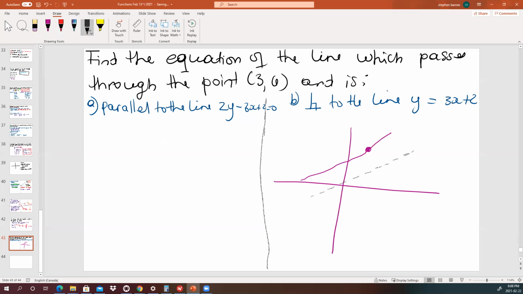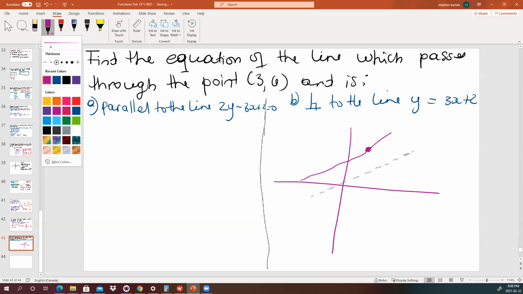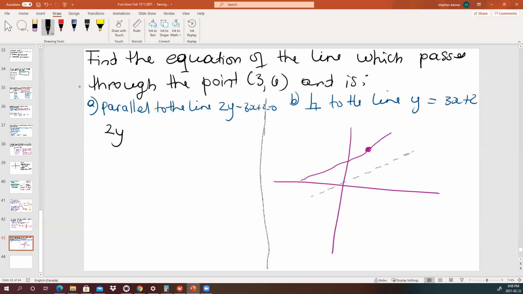We're told that it is parallel to another line, and we have the equation of this parallel line. The equation of its line is written in the form 2y minus 8x plus 2 equals 0.